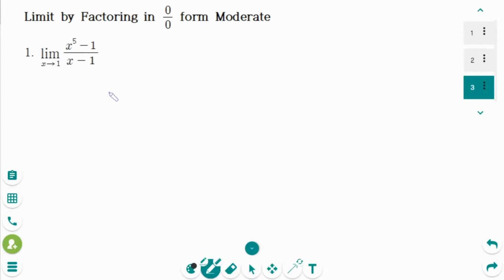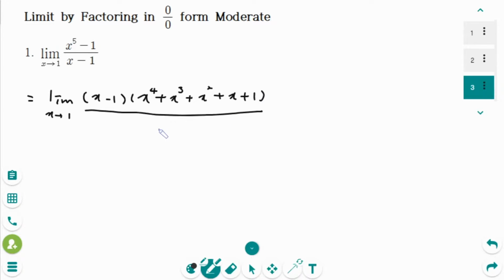Now here is the first question. This question is in the 0 over 0 form. The numerator can be factored as (x minus 1)(x to the power of 4, 3, 2, 1, 0) over x minus 1. We just did this in the review, and cancel the common factor.